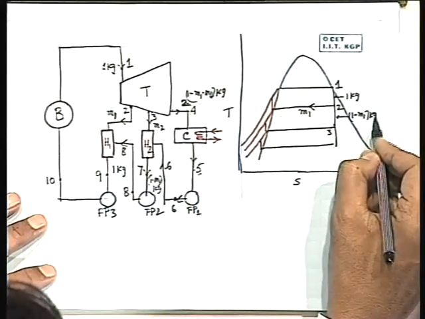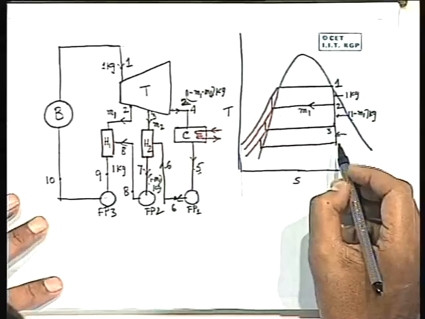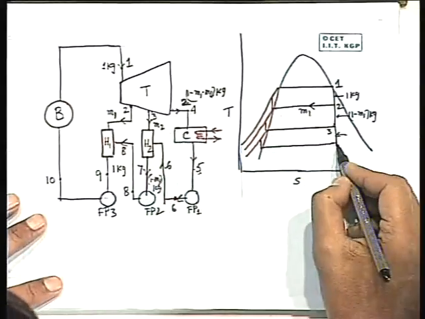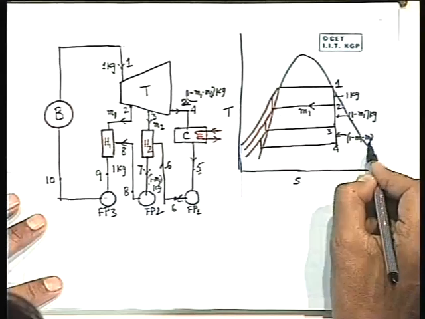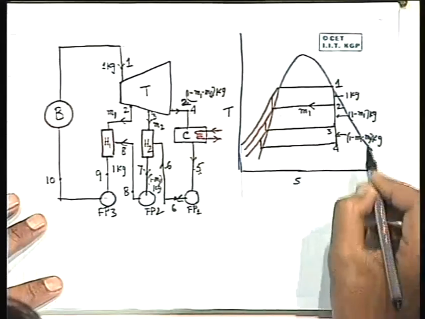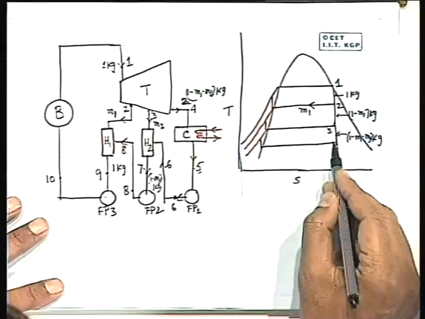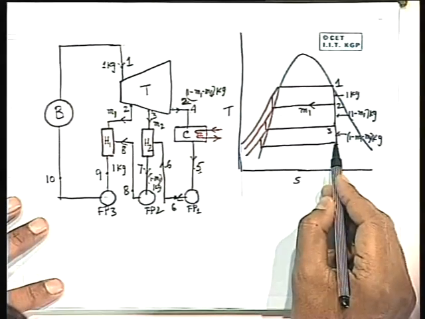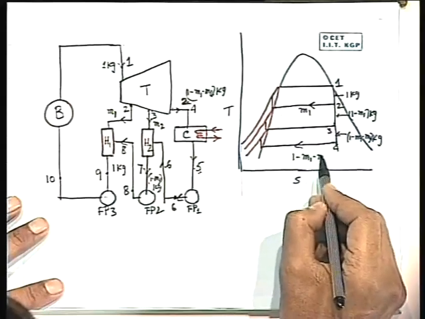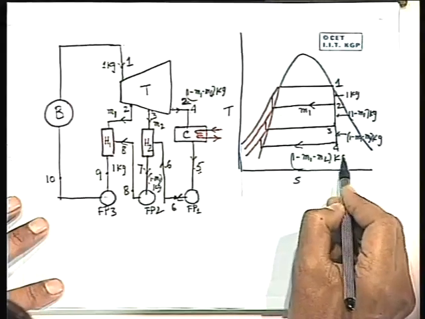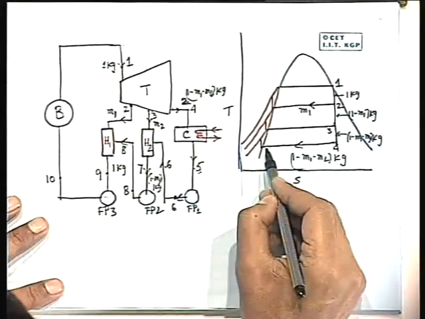Then 3 to 4 is 1 minus M1 minus M2 kg. I will repeat it again: 1 minus M1 minus M2. Then at 4, this is 1 minus M1 minus M2 kg. So this comes to the point 5.